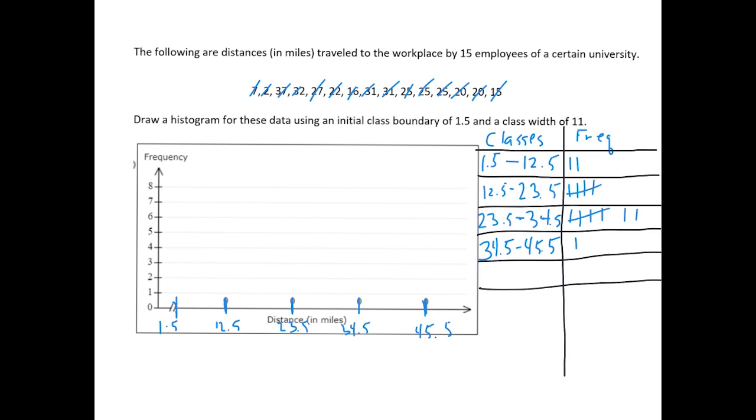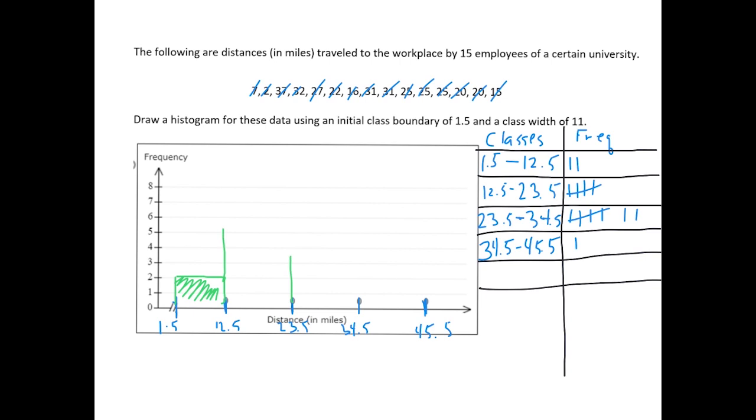And let's use a different color. Let's use green to actually draw the bars. So my first class only goes up to 2 because there are 2 of them. My second class goes up to 5.